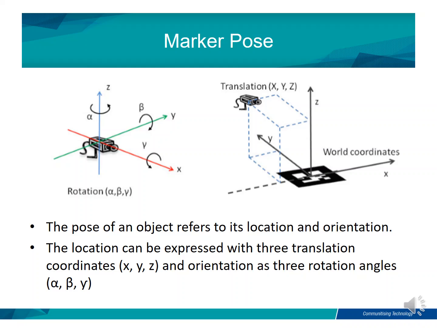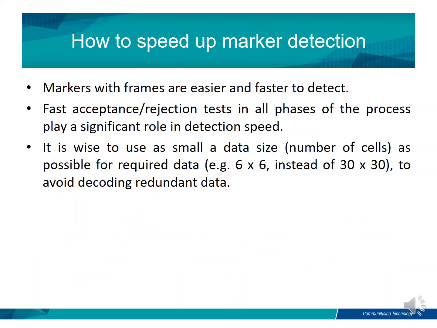The orientation also has three rotation angles. Based on the figure up here, this is a rotation around the z axis, this one is around the y axis, and this is around the x axis.